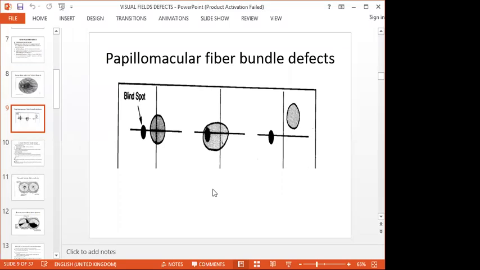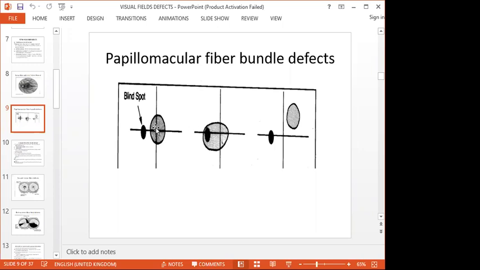So if you are going to have this, it means between the macula and the optic disc, those fibers come directly like that. You see? Because the fovea is there. This is where the fovea is supposed to be.